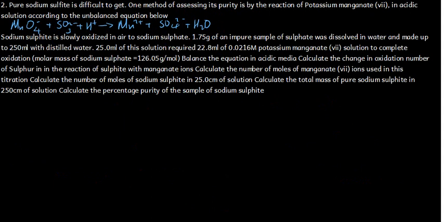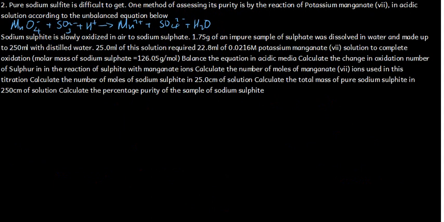The sodium sulfite is slowly oxidized in air to sodium sulfate. 1.75 grams of an impure sample of sodium sulfite was dissolved in water and made up to 250 cubic centimeters with distilled water. Then 25 cubic centimeters of this solution required 22.8 cubic centimeters of 0.0216 molar potassium manganate to complete oxidation. We've been given the molar mass.